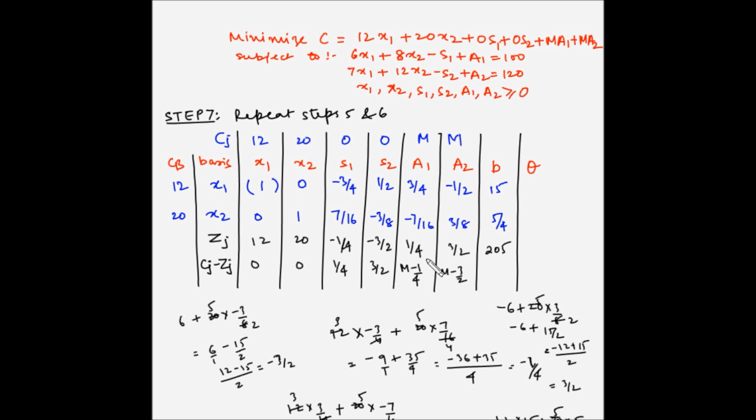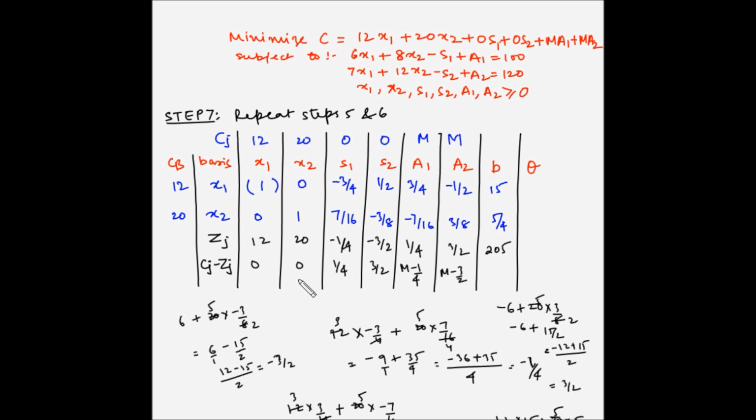And for A1 and A2, we have M minus 1 by 4 and M minus 3 by 2, M being a huge number. These two are also positive, which means that we cannot reduce the cost by introducing any of these in the solution. And anyways, A1 and A2 we do not want to introduce in the solution.